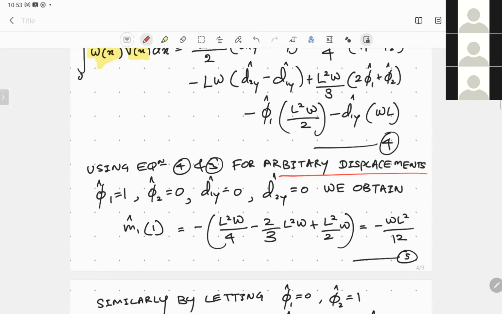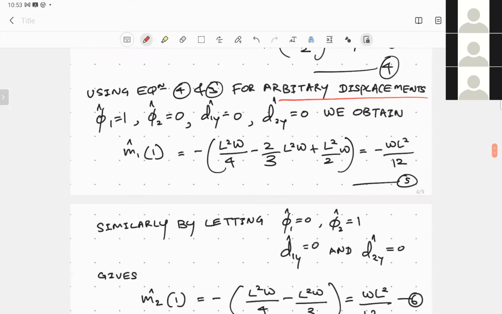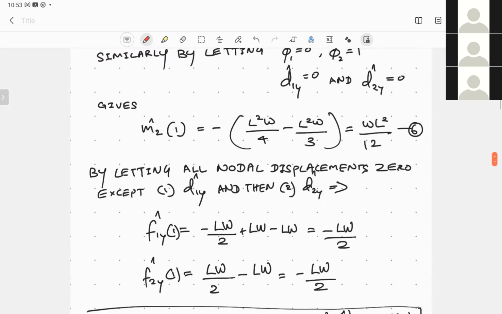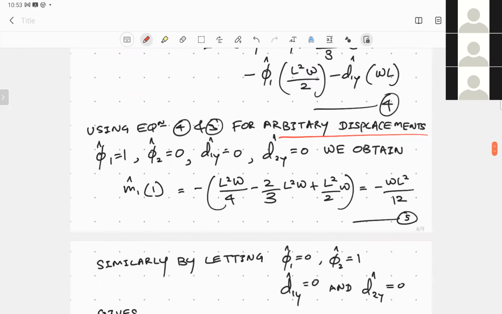Let's assume that, since we already are aware of the shape functions, we can simply apply this arbitrary displacement at node number 1, and we assume there's only a rotation, unit rotation, and all the other corresponding displacements to be 0 within the beam element.